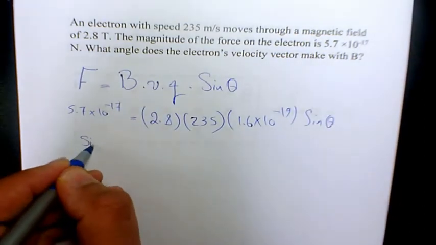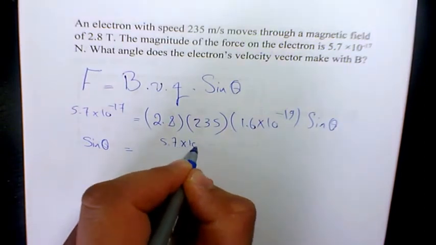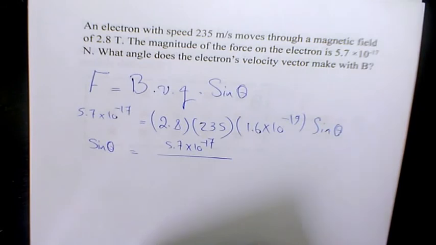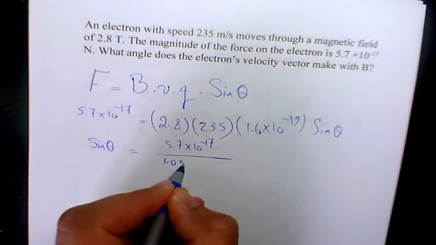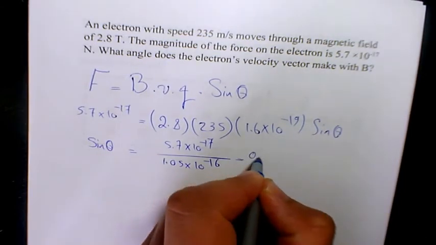So sine theta will be 5.7 times 10 to the power of negative 17 divided by the multiplication of these three numbers: 2.8, 235, and 1.6 times 10 to the power of negative 19. That's going to be 1.05 times 10 to the power of negative 16, so we have 0.54.